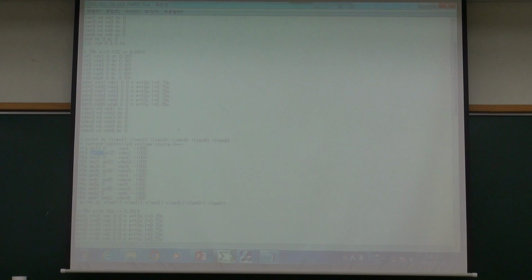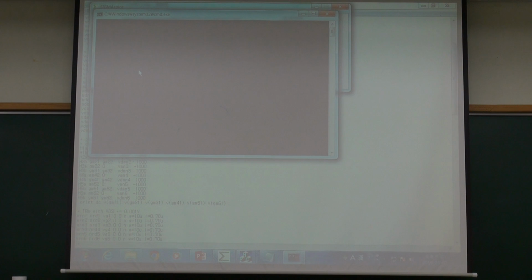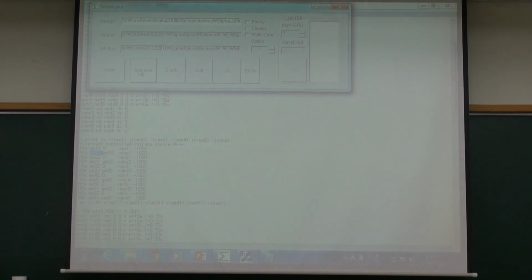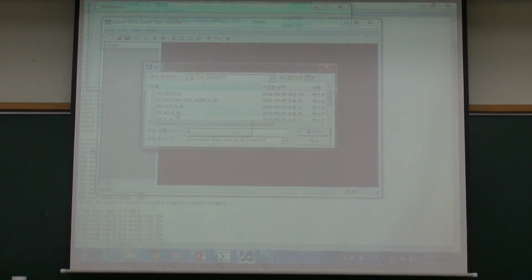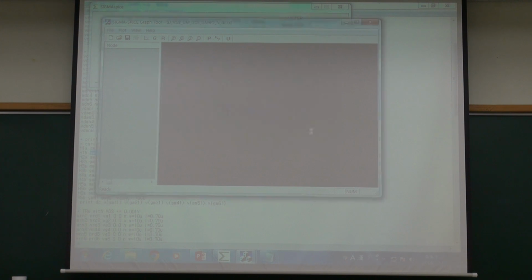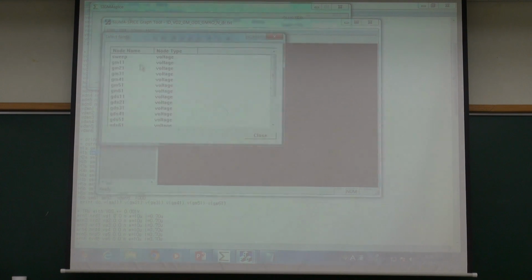So we open it and then simulate it. Well, it takes some time. Okay. Oh yeah, here. This is my GM for gate source voltage 0.2 volt.